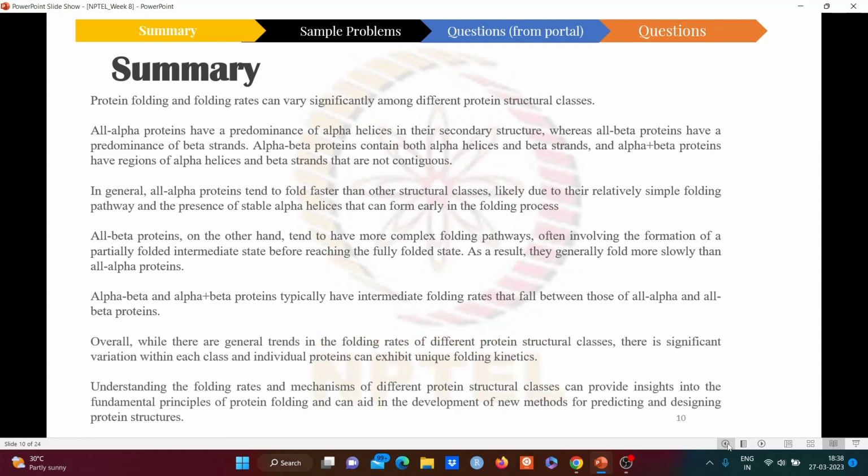So overall, while there are general trends in folding rates across protein structural classes, there is significant variation within each class, and individual proteins can exhibit unique folding kinetics as well. Understanding the folding rate and mechanism of different protein structural classes can provide insights into the fundamental principles of protein folding and can aid in the development of new methods for predicting and designing protein structures.